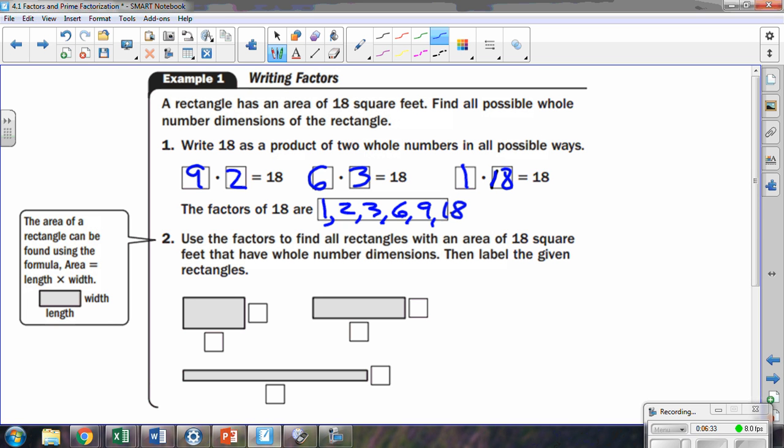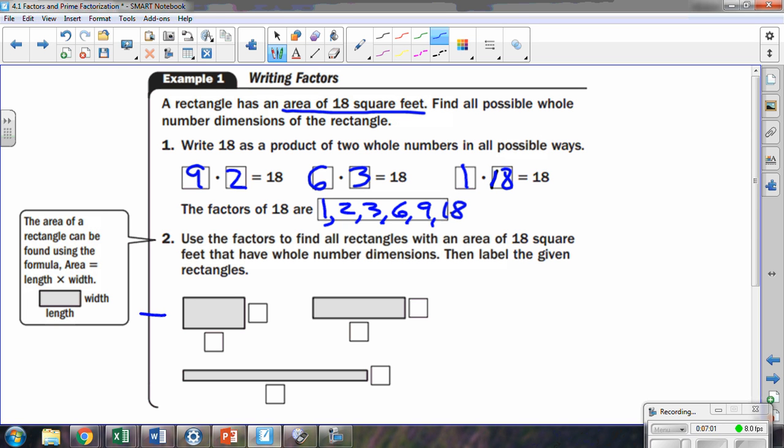Now in this particular context, we're using factors in the context of area. The beginning part of the problem told us that we had a rectangle with an area of 18 square feet. And since area is length times width, our whole numbers then have to be the length and width of the rectangle. Well, based on these pictures, which pair do you think this one is?